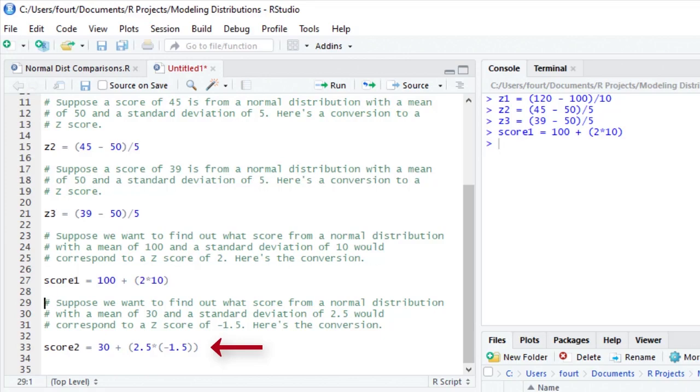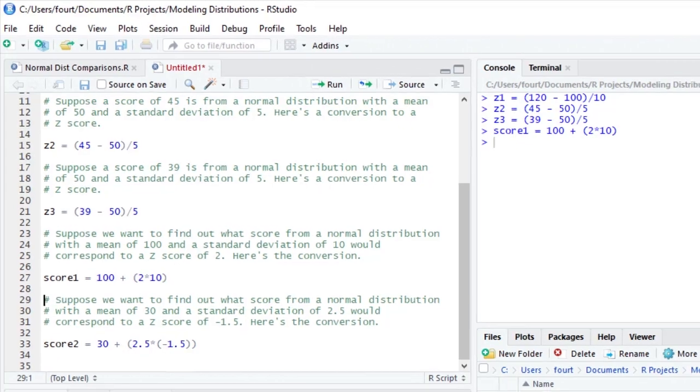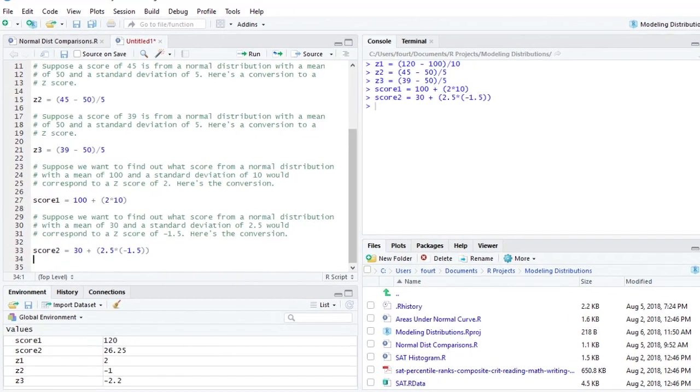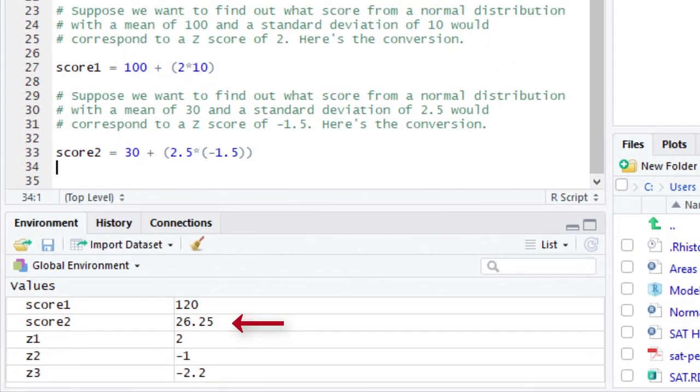We multiply the standard deviation of 2.5 times negative 1.5 and add the result to the score of 30. Note that this is a subtraction because we're adding a negative number. We find that 26.25 is 1 1/2 standard deviations below the mean.